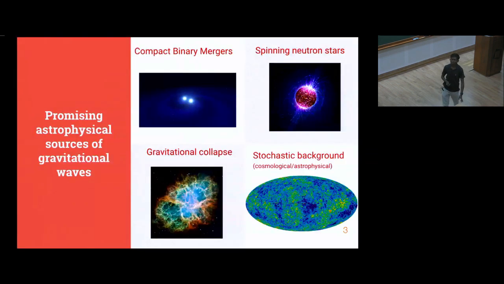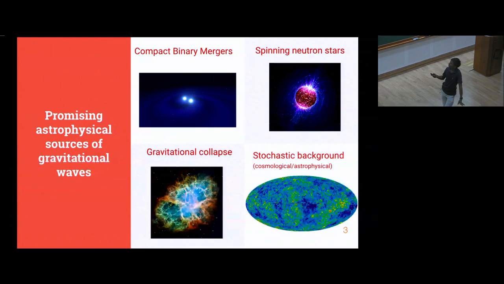So what are the promising astrophysical sources for gravitational waves? Broadly, the astrophysical sources can be categorized into four. One is a transient signal from compact binary objects, where the compact binary is composed of black holes or neutron stars. These are the sources we have seen so far in LIGO and Virgo.